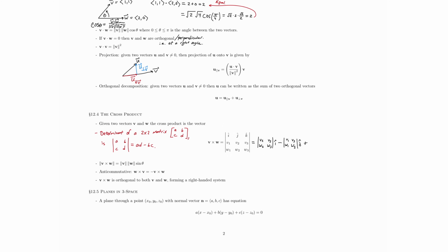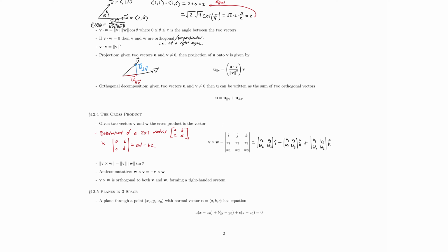Alternating back to plus, we'll have another determinant. Of course, we delete the top row as always, and this time the third column, leaving us with V1, W1, V2, W2, k hat. All right, so that's how we calculate the cross product.